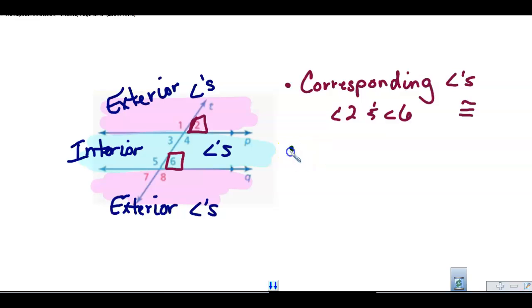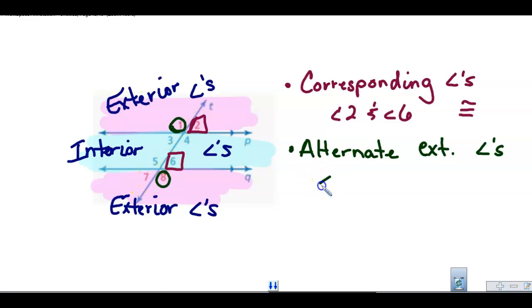We have alternate exterior angles. One example would be angle 1 and angle 8. The other pair of alternate exterior angles is angle 2 and angle 7. There are multiple pairs of each type of relationship, but it's going to be important to notice them. Alternate exterior angles are once again congruent to each other.